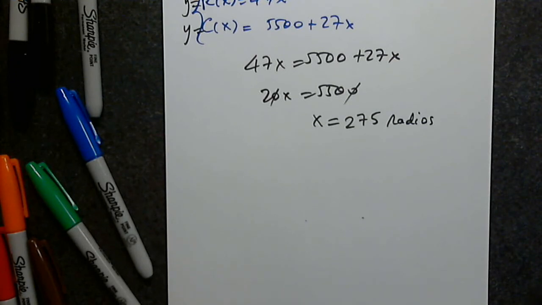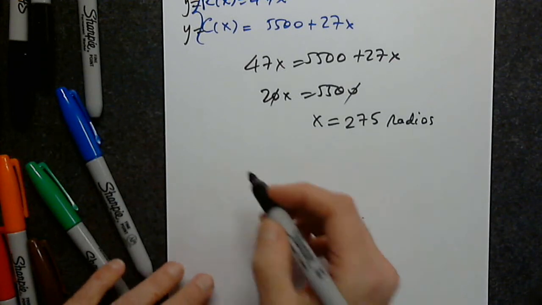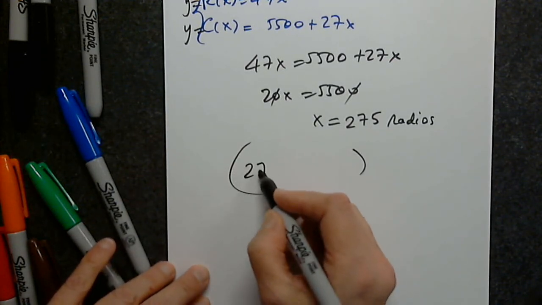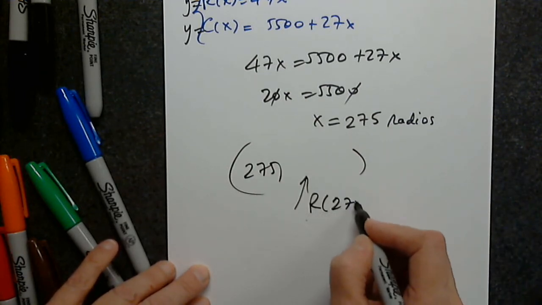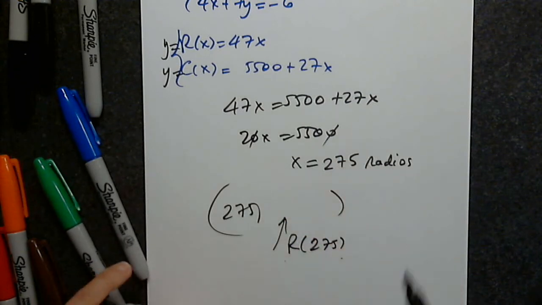But the minimum to cover your costs, you have to produce 275, because otherwise you're going to have to bring money from home to keep the business running. That's the break-even point. So the break-even point is a point in which x is 275, and this is the revenue of 275, or the cost of 275. It doesn't matter because they are the same.